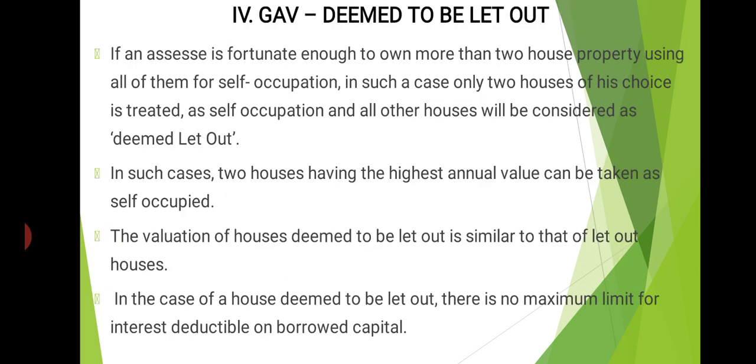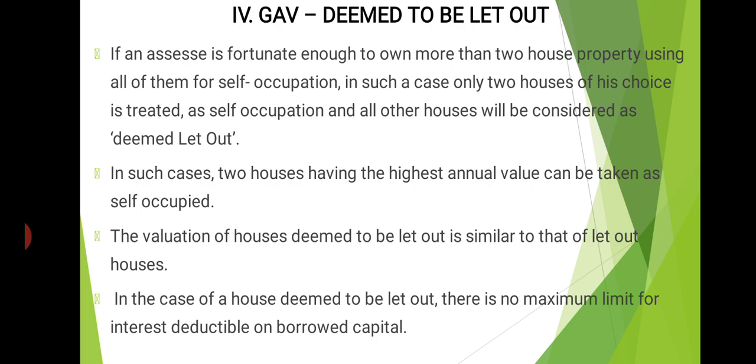Then the last one, that is gross annual value of the deemed to be let out houses. If an assessee is fortunate enough to own more than two house properties using all of them for self occupation, in such case only two houses of his choice are treated as self occupied, that we have discussed in our previous classes, and all other houses will be considered as deemed let out.